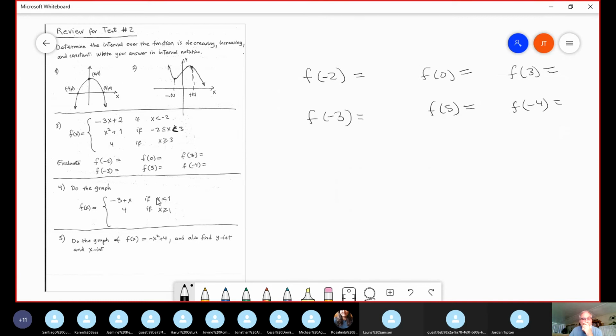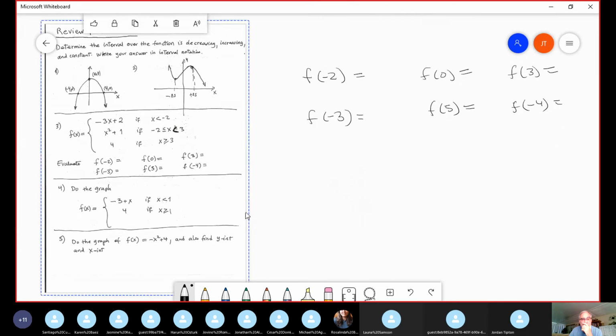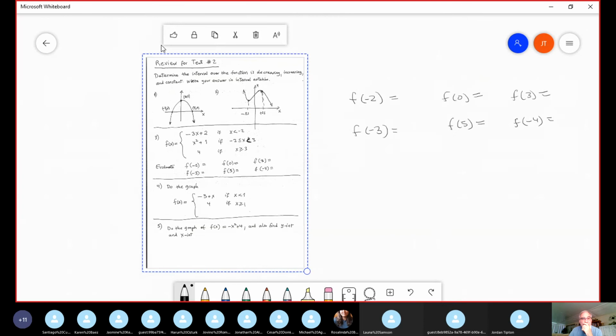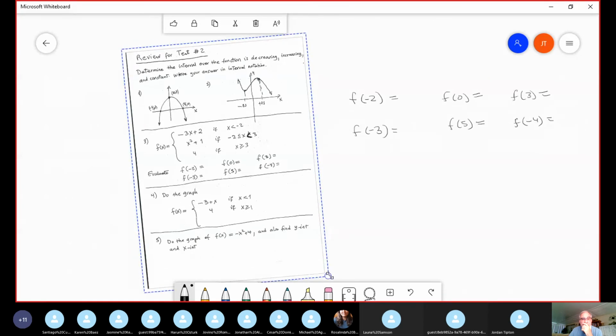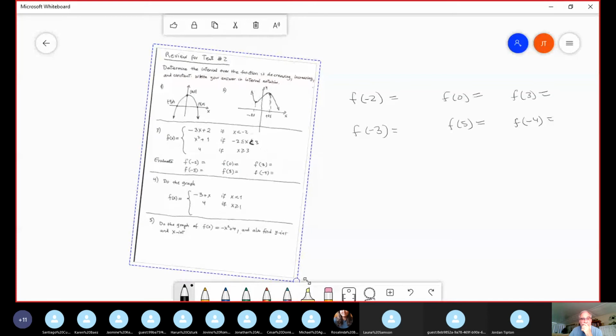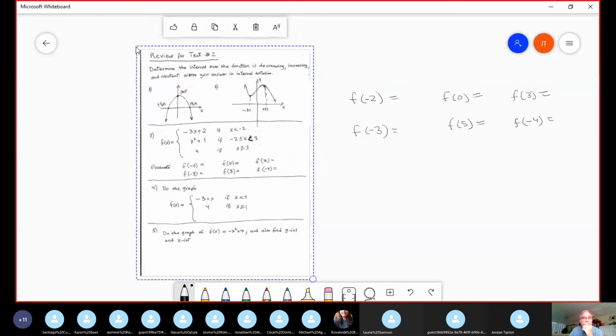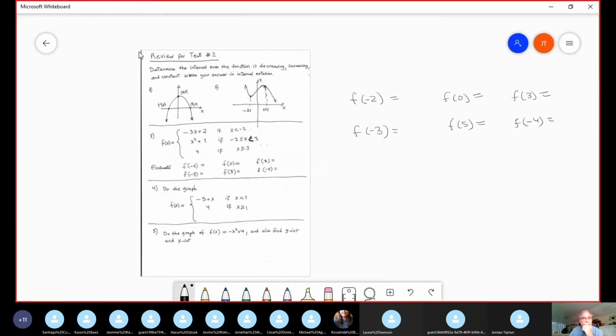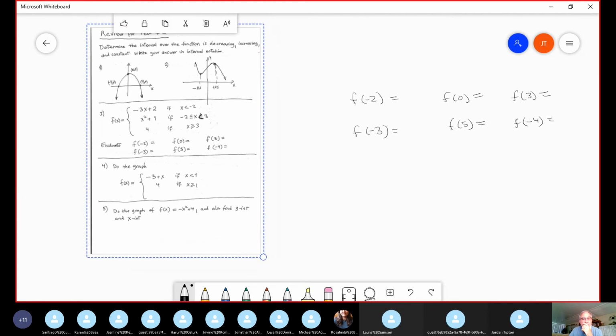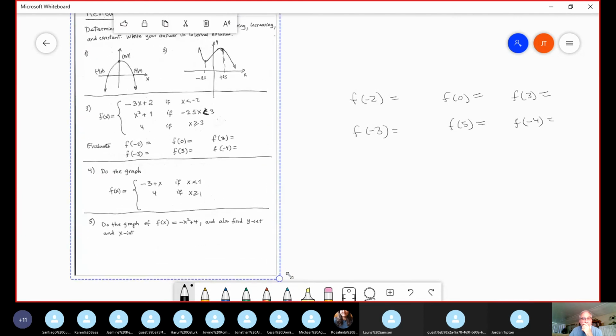Okay, let me try to enlarge this document a little bit. No rotate, enlarge. Okay.